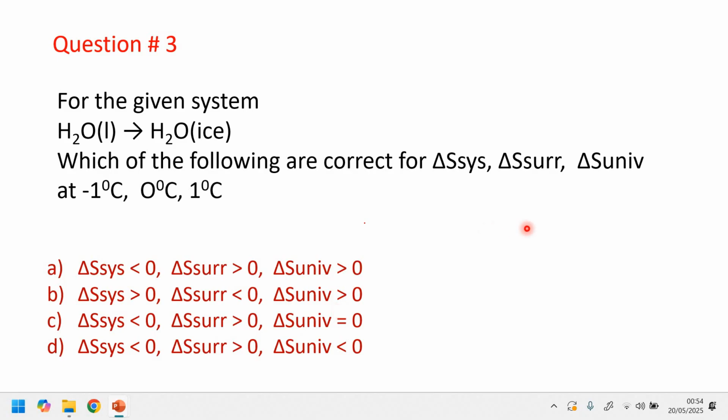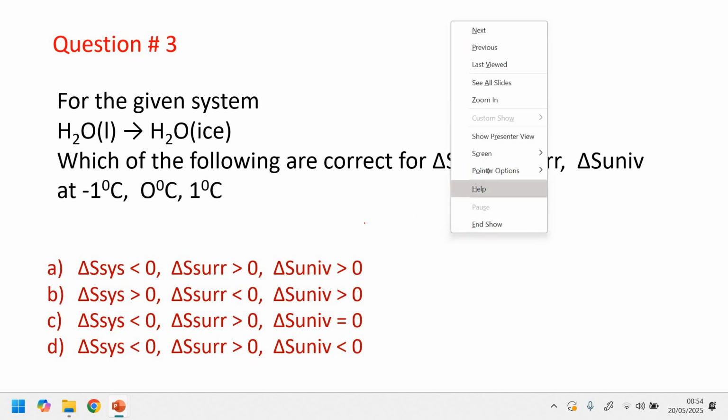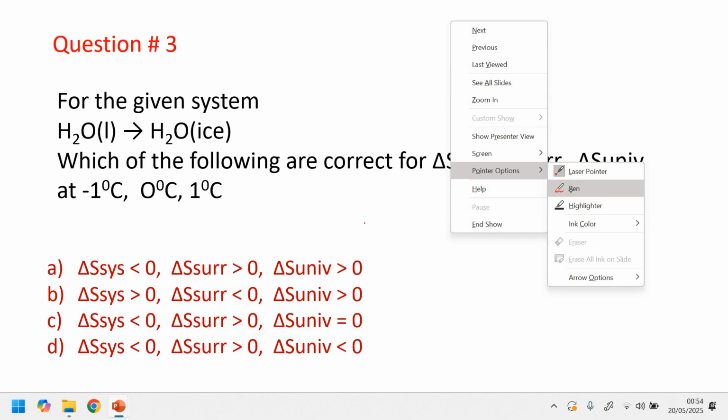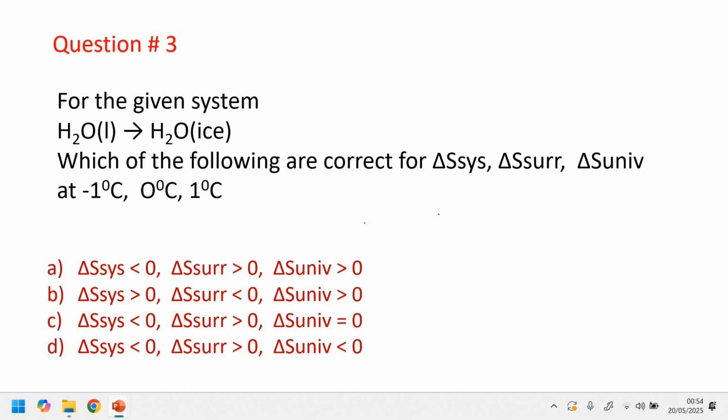Right. Now, you look at here, this is the freezing. If I consider for -1 degree centigrade, this is the spontaneous process. -1 means water will solidify to ice.